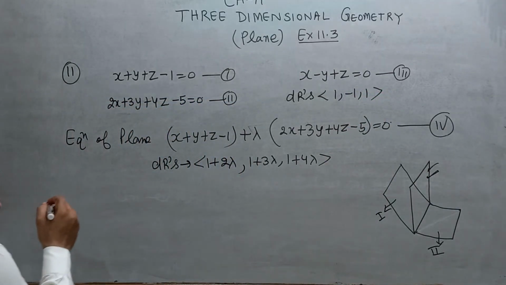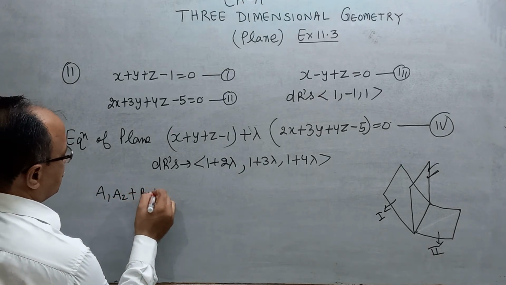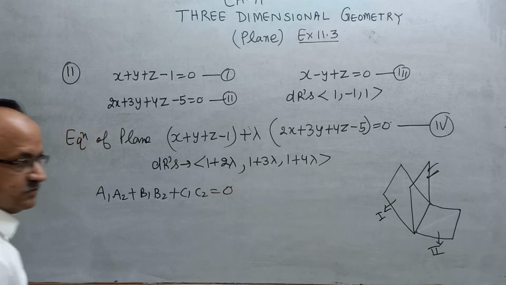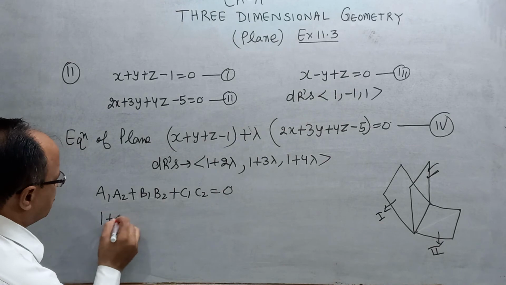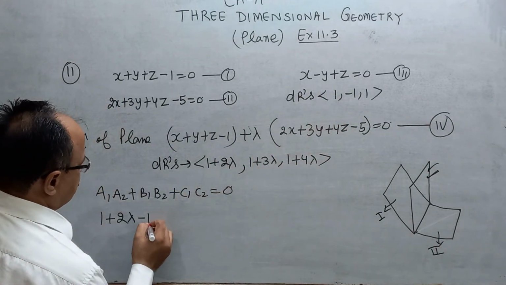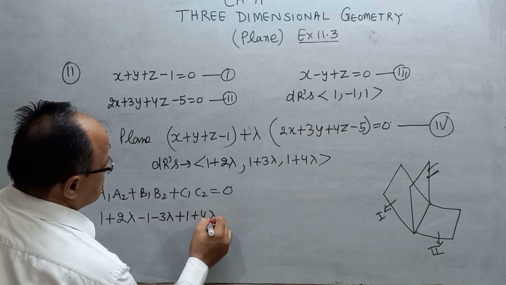The condition for two planes perpendicular is a1 a2 plus b1 b2 plus c1 c2 is equal to 0. Now multiply this with 1, therefore 1 plus 2 lambda, and this with minus 1, therefore minus 1 minus 3 lambda, plus 1 plus 4 lambda is equal to 0.